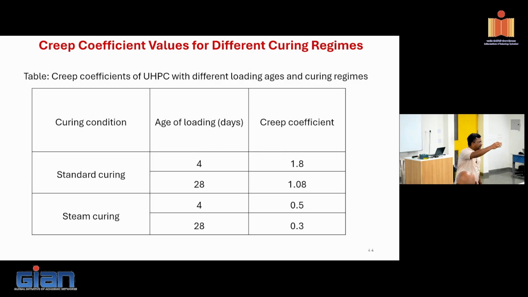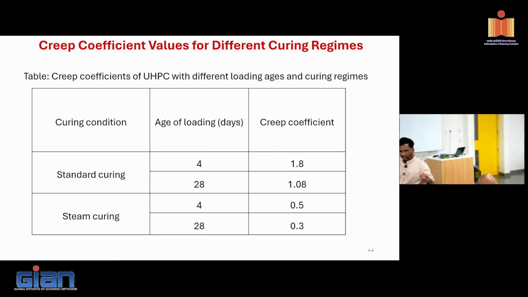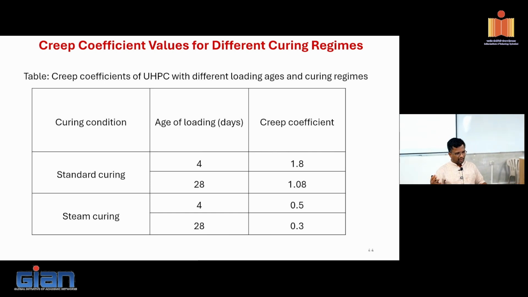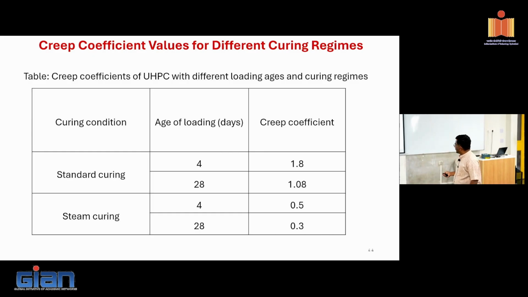Because your water cement ratio is first of all very low, and we put a lot of supplementary cementitious material, so additional hydration happens over a long period of time, and you form more products in the system and get a denser network. Then the water, even if it is there, cannot go out of the system, right? Steam curing is even better, so you form a better, denser microstructure. That's the reason UHPC helps.